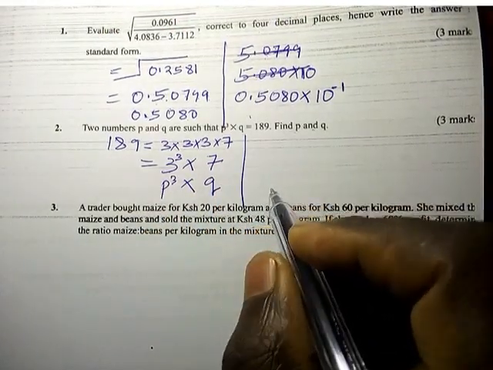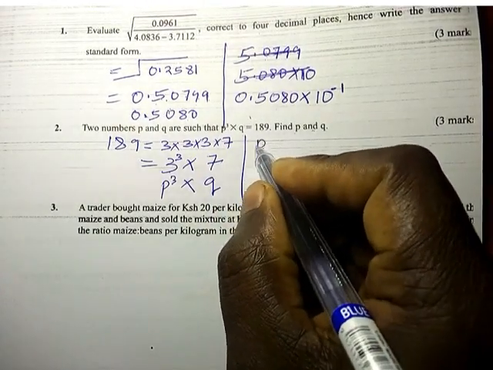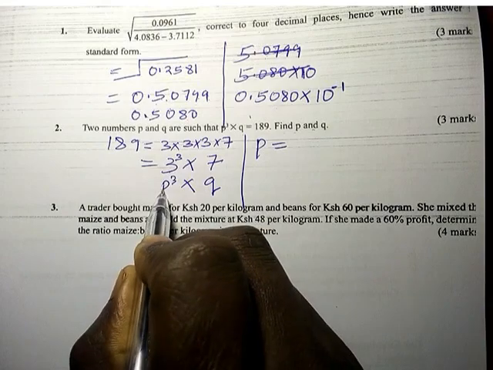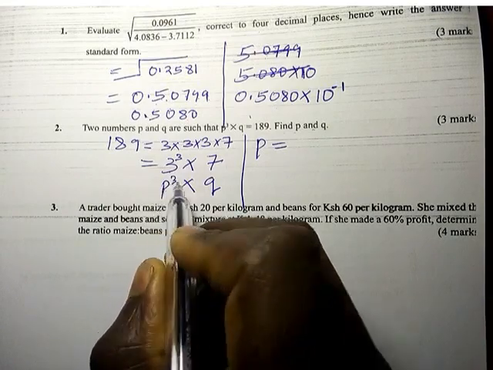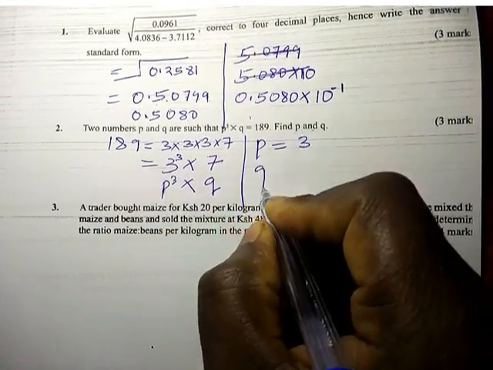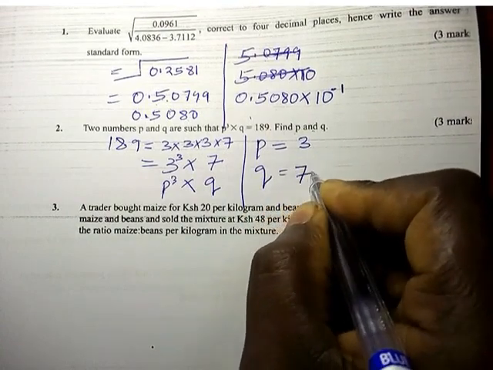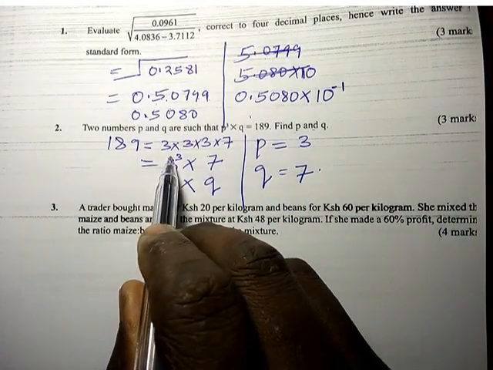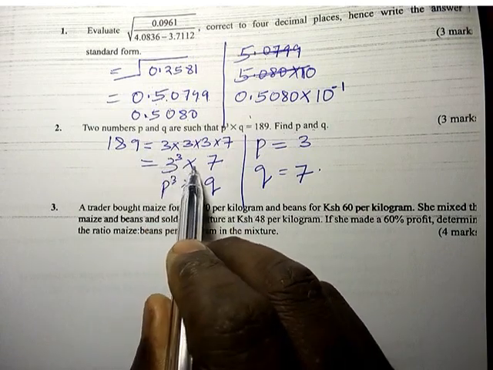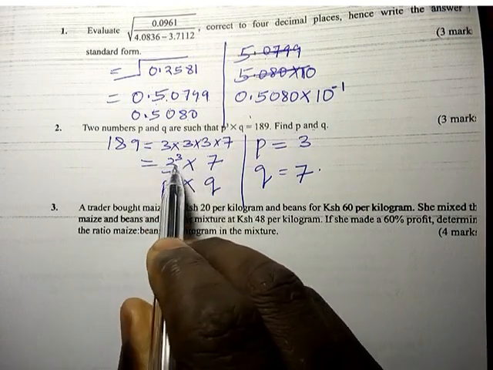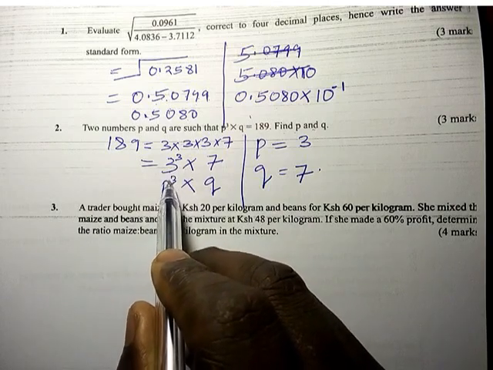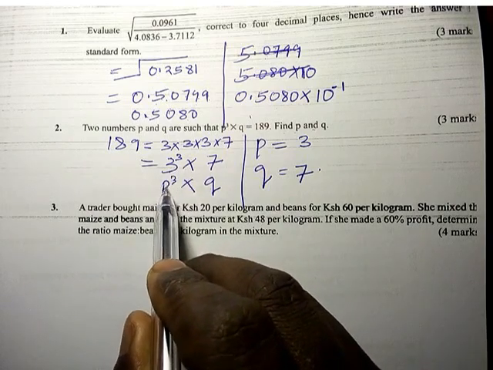So we are asked to find p. P itself is 3, so p cube, p is 3. Q equal to 7. This 3 cube stands for p cube times 7 for q. But do not write 9 or 27, because what they want is p only.